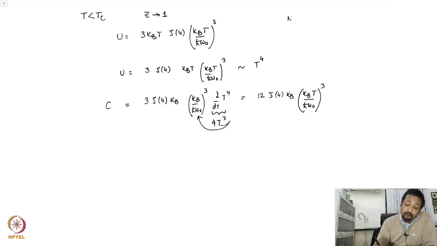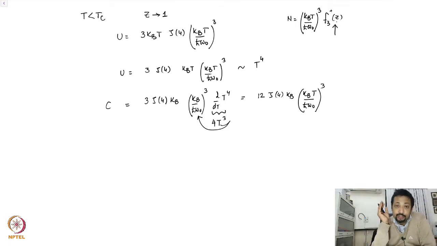Now, if you recall, your particle number N was kBT over h bar omega naught whole cube times F3 plus of z. For T greater than Tc, this is the equation from which you have to determine the fugacity. But for T less than Tc, my life is a little bit simpler, because this function now becomes zeta of 3.